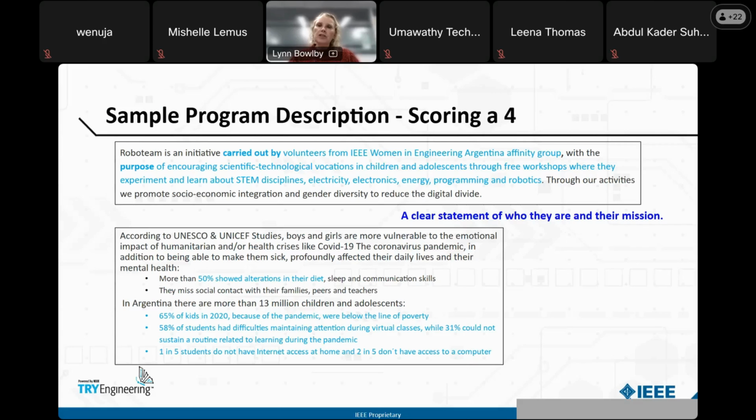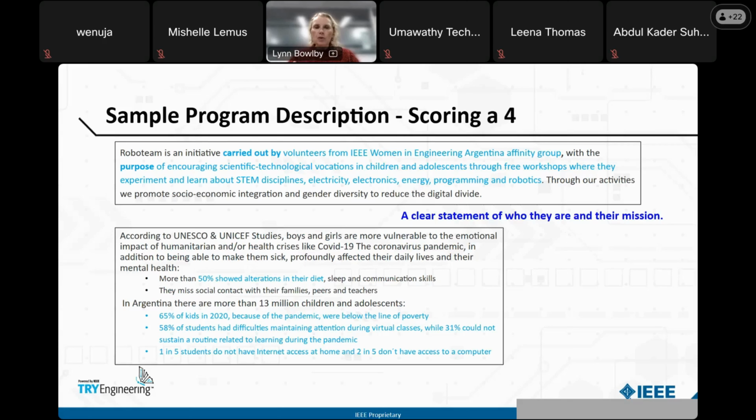So you want a clear statement of what the program is and what your mission is with the program, your goals for it. Just give us as much detail as you possibly can. If you have metrics to use, as you see, there's some percentages here. 1 in 5 students don't have internet access. That's like a really important metric to share with us, that your program is trying to improve that number.